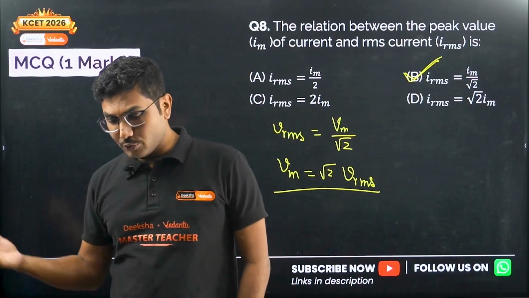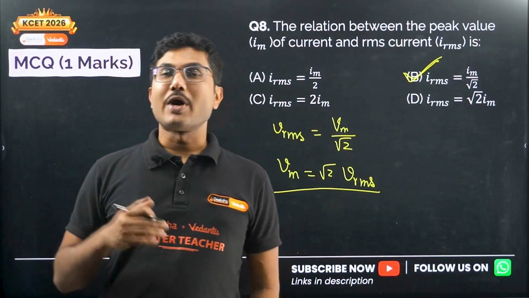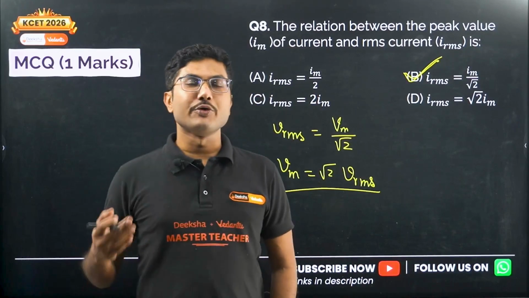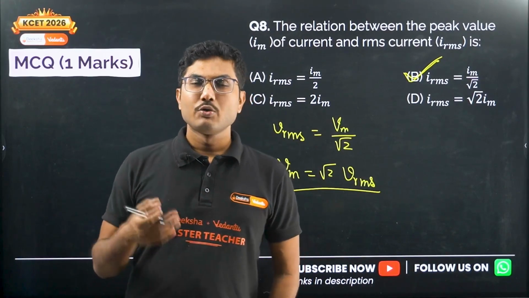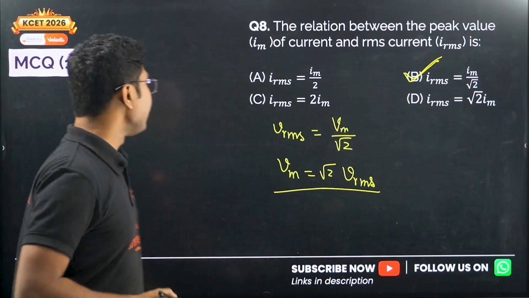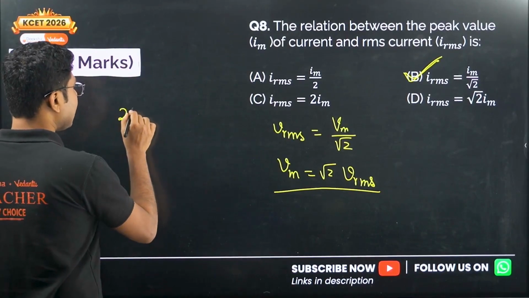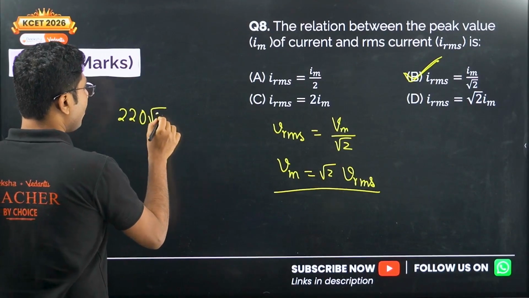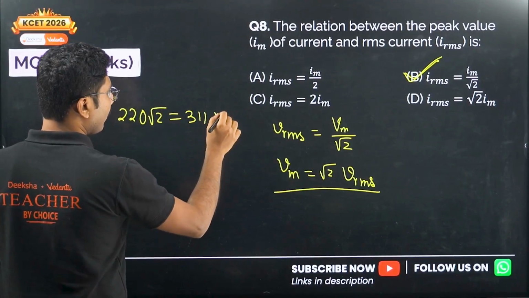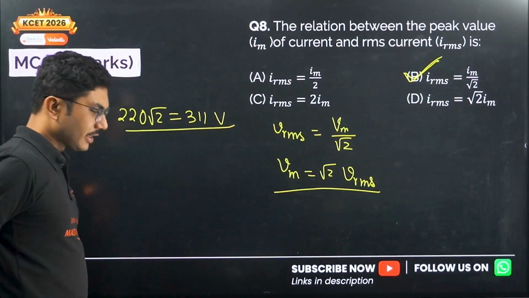There used to be a question in the past: why is 220 volt AC more dangerous than 220 volt DC? First of all, 220 volt AC means the maximum peak value is not 220 volt, but 220 root 2, which is approximately 311 volt.